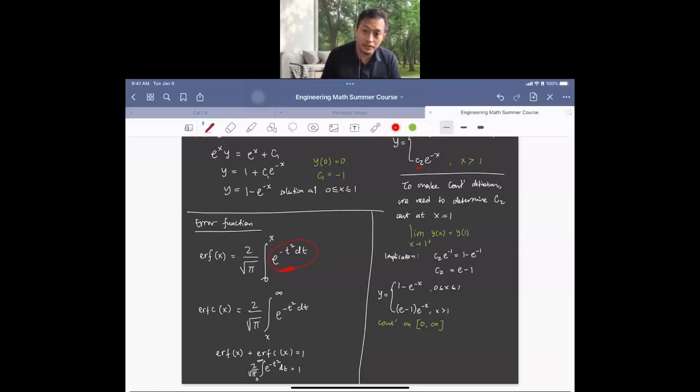So please keep in mind how to find it. First, identify the linear equation. Second, identify P(x). Third, find the integrating factor. Fourth, multiply by the integrating factor, find the product form, and integrate. That's the solution for most cases in linear differential equations.